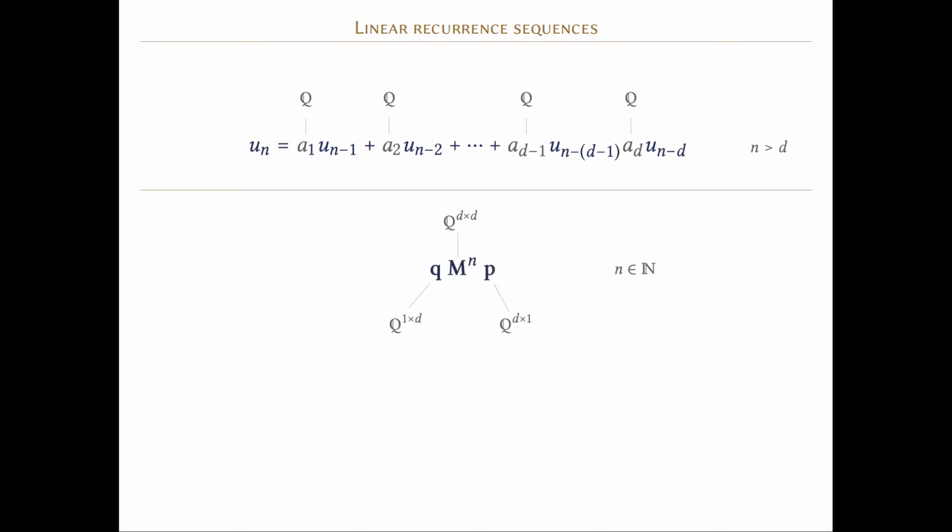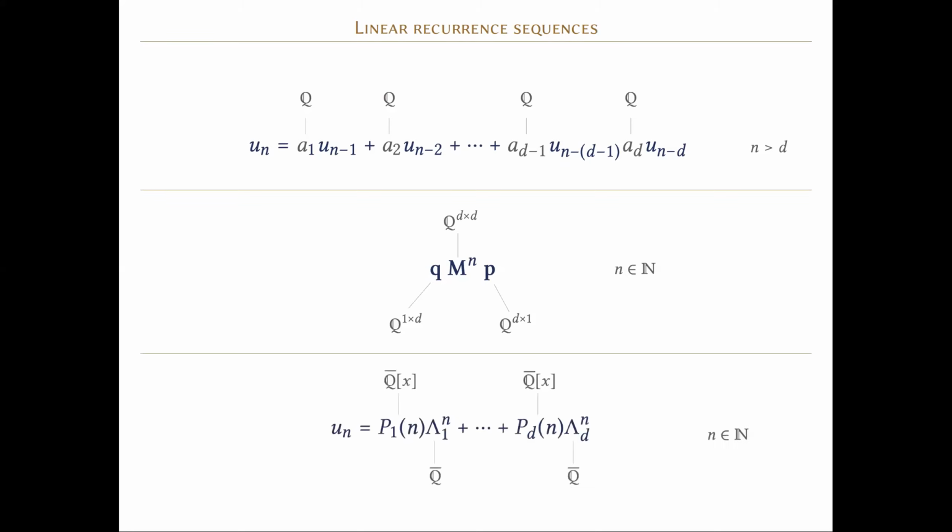Here's another definition of the same class of sequences. The nth element of the sequence is some matrix M raised to the power n, a 1 by d row vector of rational numbers, multiplied by a d by 1 column vector of rational numbers. So this gives us a rational number, and as we increase n, we obtain newer and newer elements.